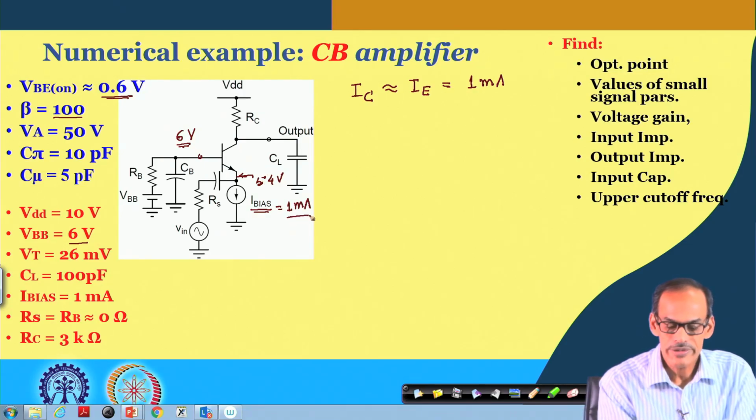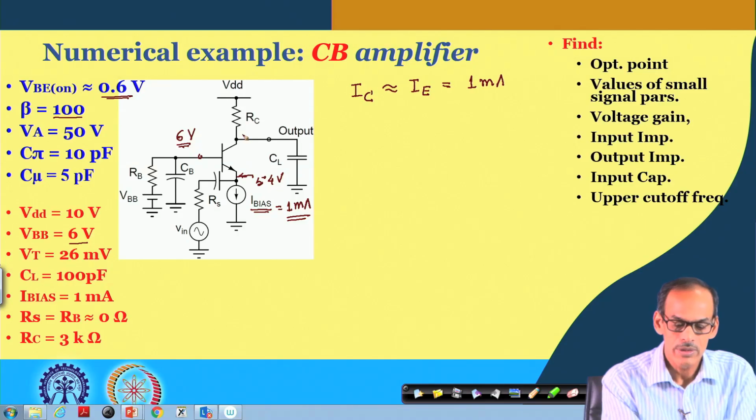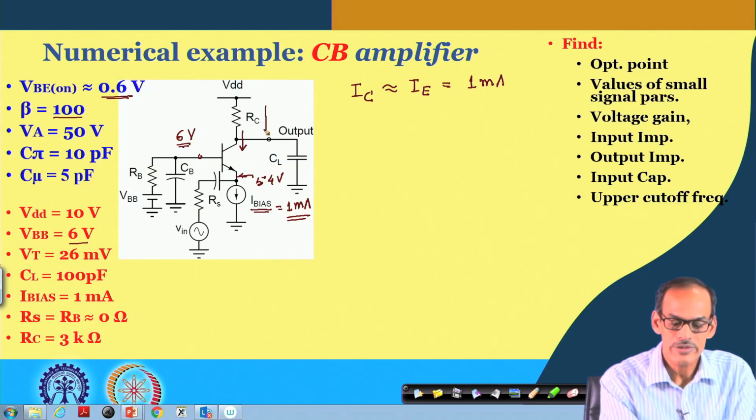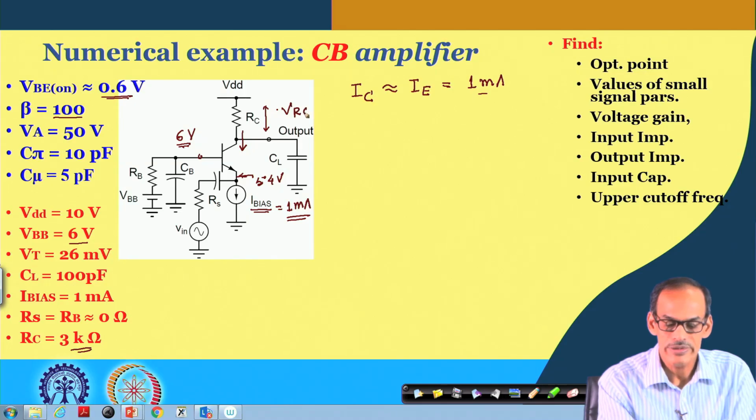Now, if we have this 1 milliampere of current at the emitter, approximately the collector current is also set by that, then the drop across this R c is 3 k multiplied by 1 milliampere. So, that gives us V R c equals 3 volt.